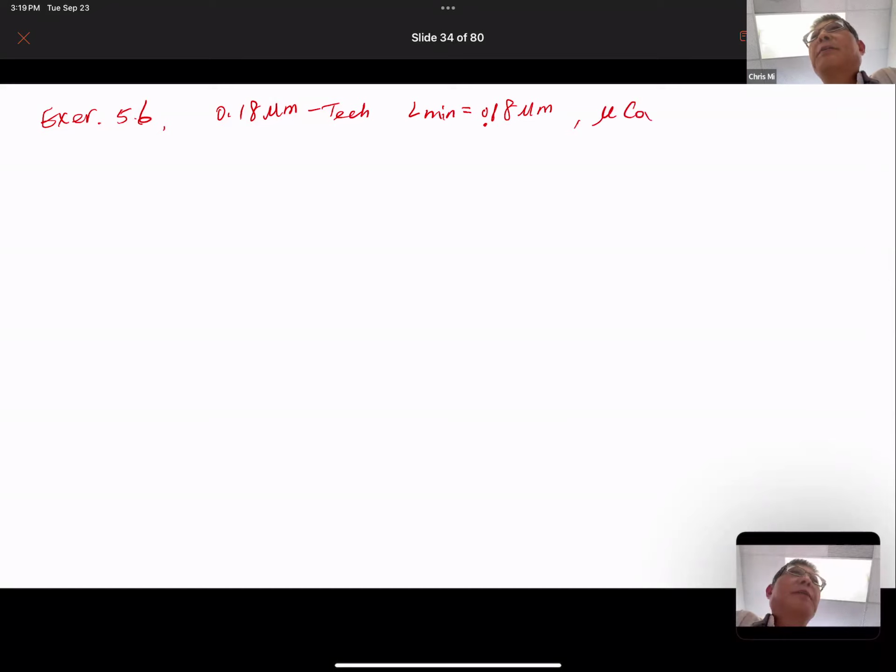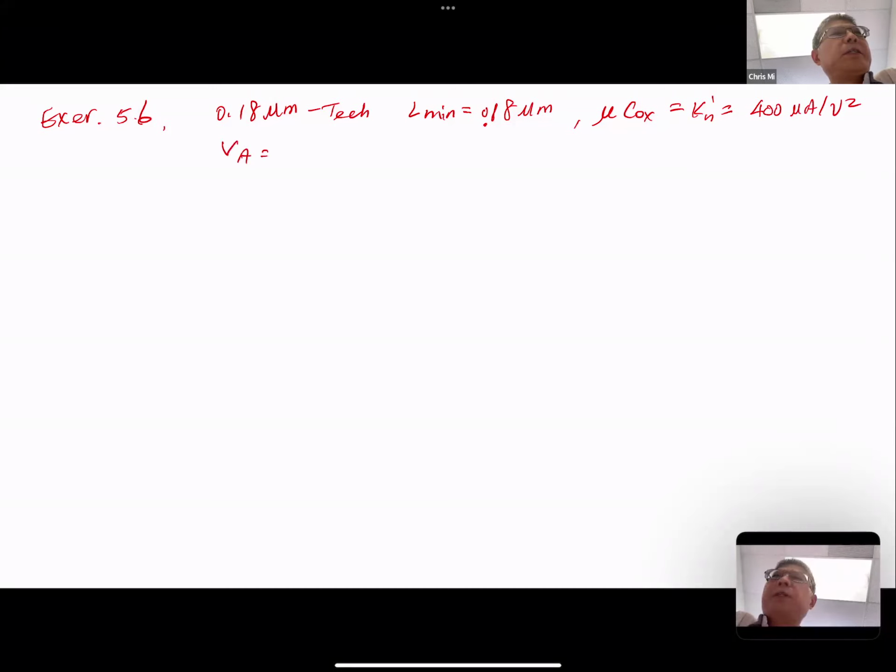Kn prime is given at 400 microamps per volt squared. And VA, the early voltage, is given at 5 volts per micrometer. Now, look at this unit. It says per micrometer, which means we have to know how much length. So the actual early voltage can be different.